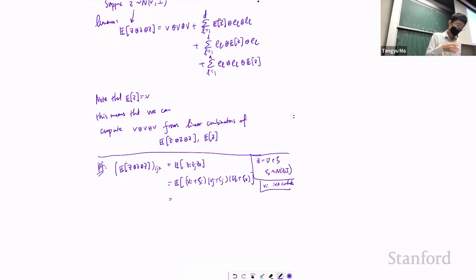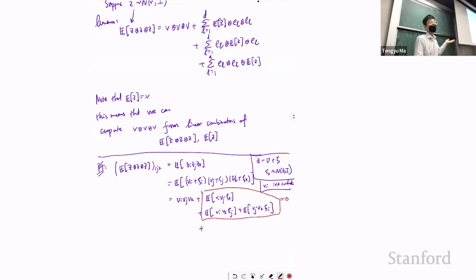Then we can expand this. There are 8 terms in this product. One of the terms is v_i v_j v_k. That's easy, v is deterministic, because ξ is random. Some of the terms look like the expectation of v_i v_j ξ_k, another is the expectation of v_i v_k ξ_j, plus the expectation of v_j v_k ξ_i. These terms will be equal to 0 because the expectation of ξ is 0 and v is a deterministic quantity.